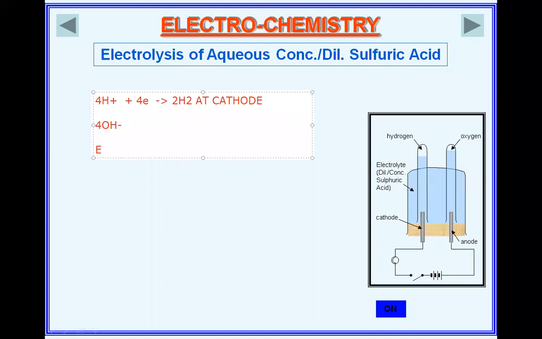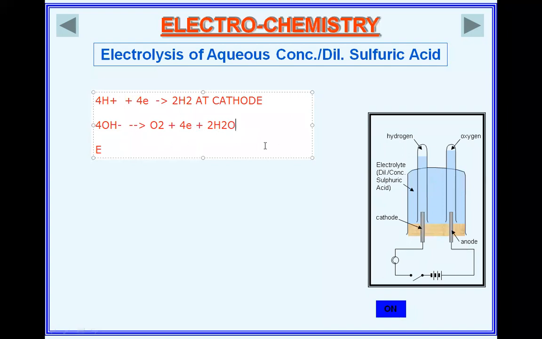four OH ions travel toward the anode, they produce oxygen gas in the ratio of 1. Four electrons are released during the reaction, along with 2 water molecules also formed. So 4 OH gives O2, 4 H+, 4 electrons.